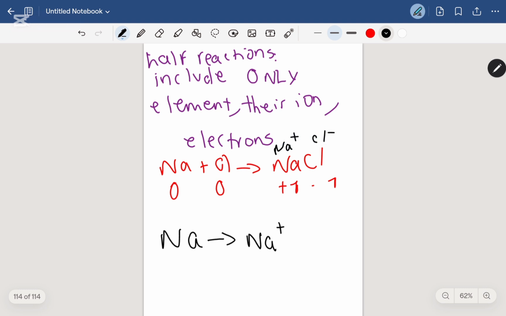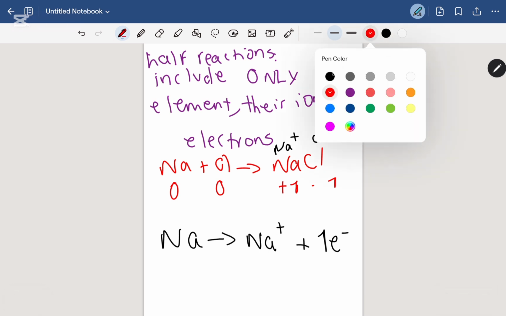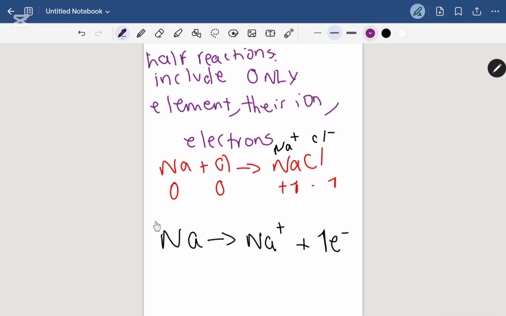It gave us Na plus in addition to 1 electron. So this is the half reaction of Na. Let us do the half reaction of Cl. Cl, we added to it an electron because it gained an electron, so Cl plus 1 electron is gonna give us Cl minus.